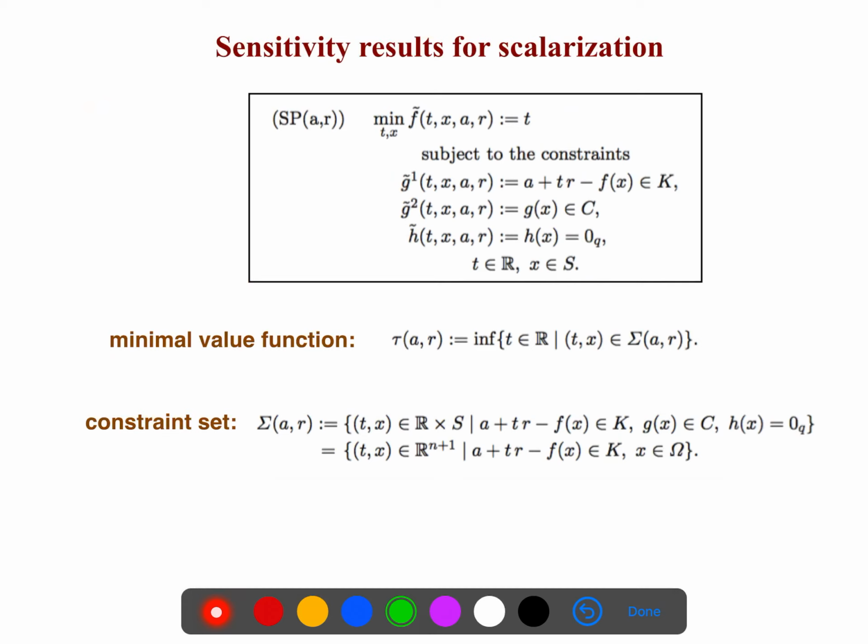So we are interested in sensitivity of the scalarization because we want to say that, for example, if a is on the hyperplane, what is the next a?